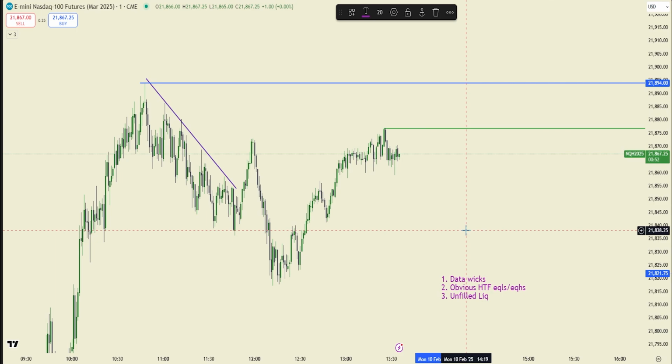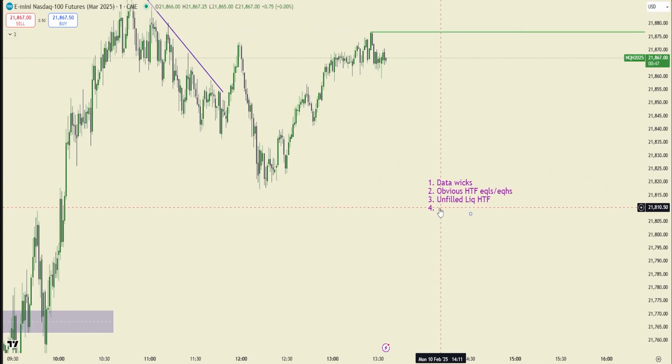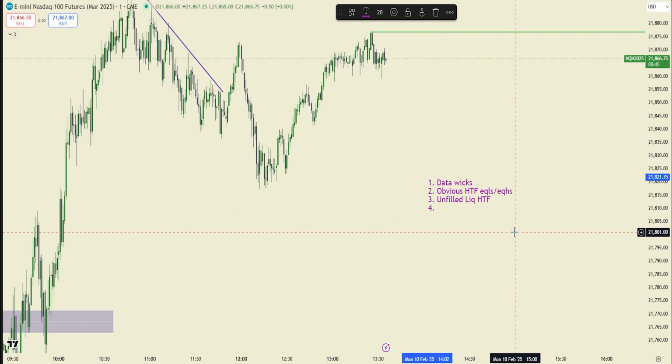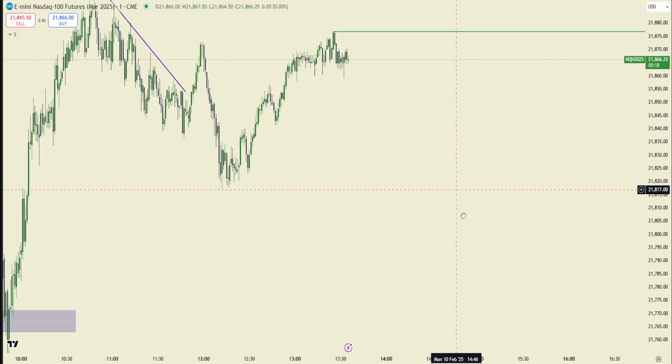Unfilled liquidity on the higher time frame. 4, I don't know. What else am I missing? Like equal lows on the lower time frame? Yeah. External highs. Yeah. Number 5. Yes. That's it.